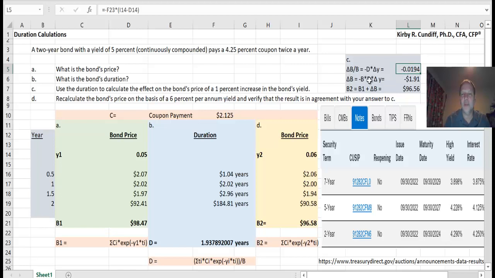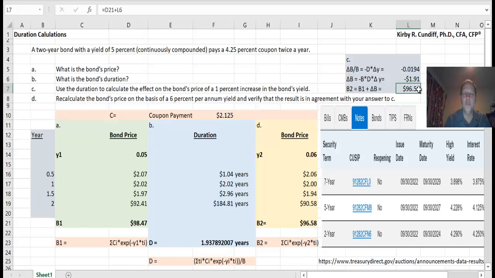If we multiply that by the bond's price, which is the 98.47, then we get a change in the bond's price of negative 1.91. It should be negative since interest rates have gone up and the bond's price is going to drop.